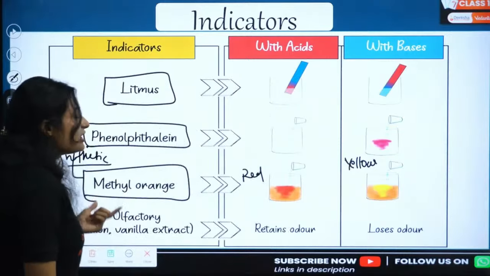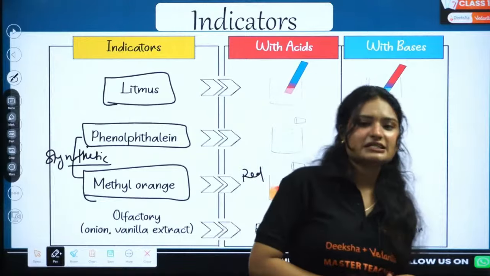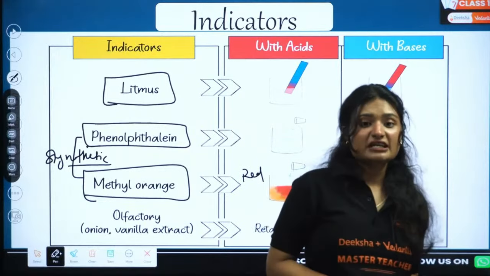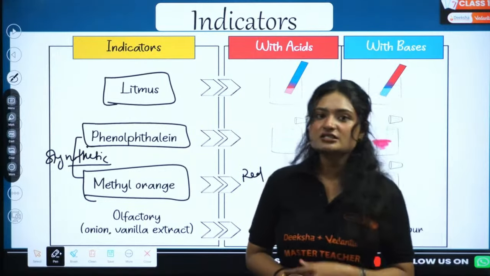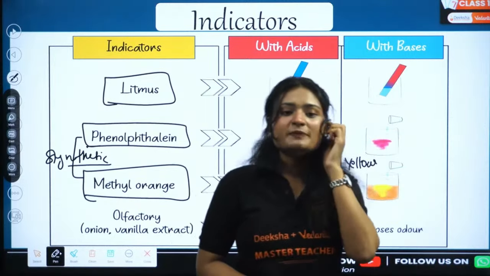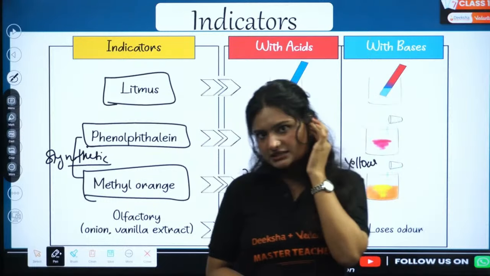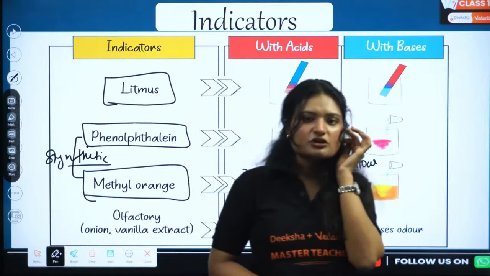Now we have another set of indicators: olfactory indicators. What are olfactory indicators? They rely on the sense of smell, whose smell changes if they come in contact with acids or bases. For example, vanilla extract or onion.